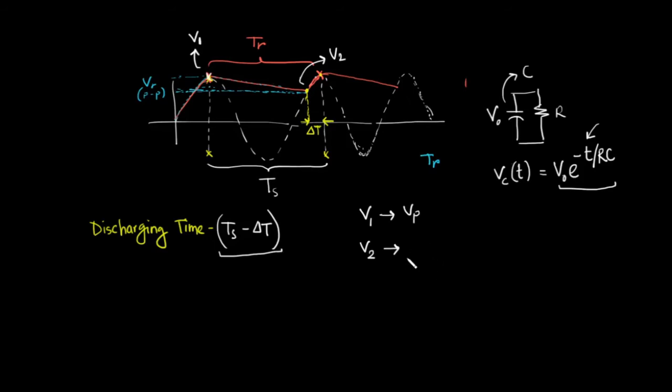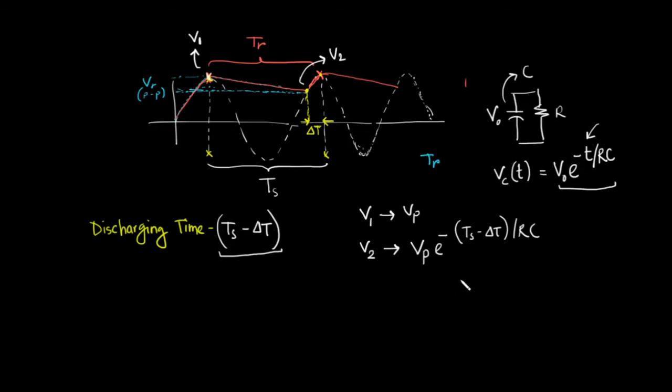And V0: what was the maximum value at which the capacitor was charged? Well, the maximum value was V peak, I mean V1. So the value of V2 will be, putting all of these things together, V_p e to the minus (Ts minus delta t) by RC. Okay, does that make sense?